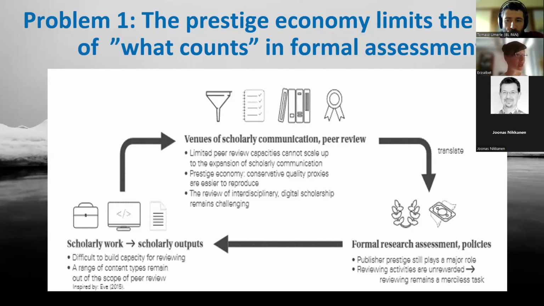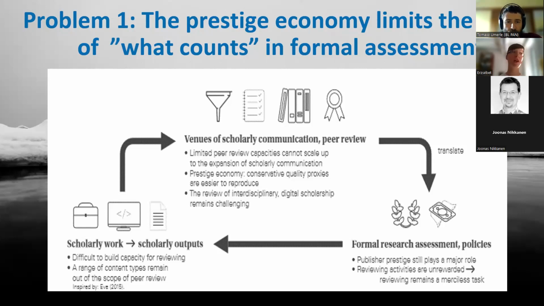That said, as long as high prestige or high impact factor, I would say high prestige, because in arts and humanities this is the more real issue. So the more prestigious the publisher is, the harder the currency it functions as when it comes to translating publications to research metrics.